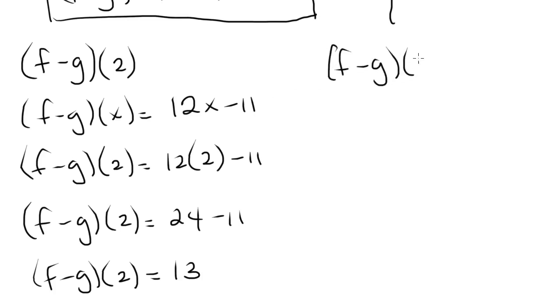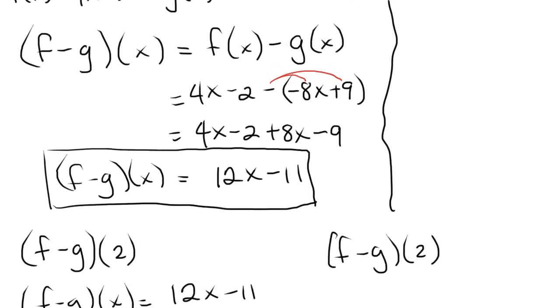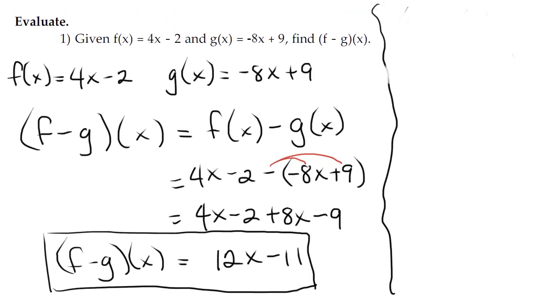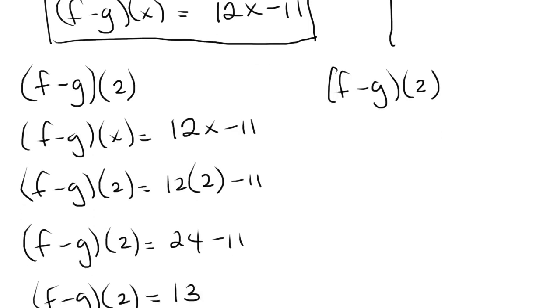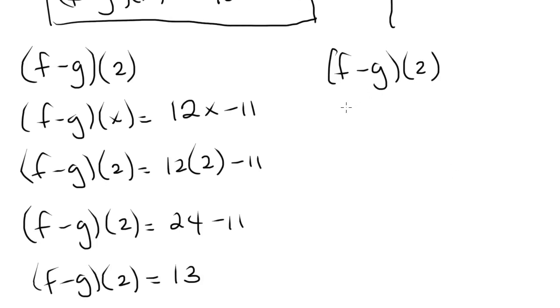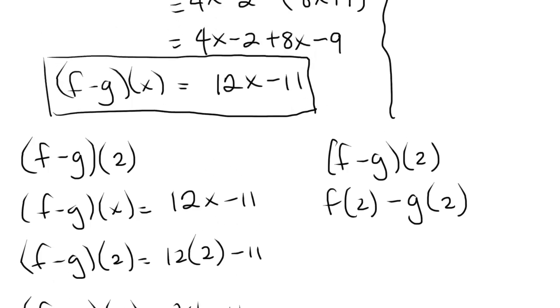The other way to think about f minus g of 2 is to split it, just like I split into f of x minus g of x up here. Let's split f minus g of 2 to be f of 2 minus g of 2. Evaluate the individual functions first, and then evaluate the combination.